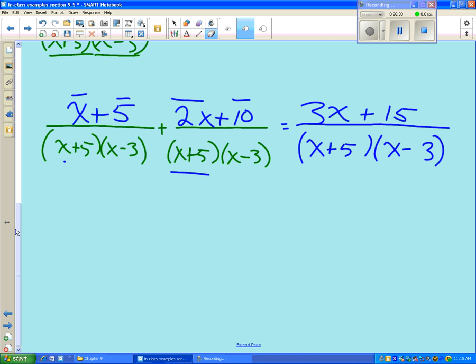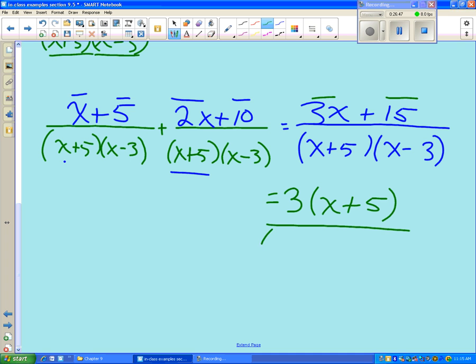But this 3x plus 15 can be factored. I can factor out a greatest common factor of 3. So I have an x plus 5. Then I have my original factors of x plus 5 and x minus 3 in my common denominator.